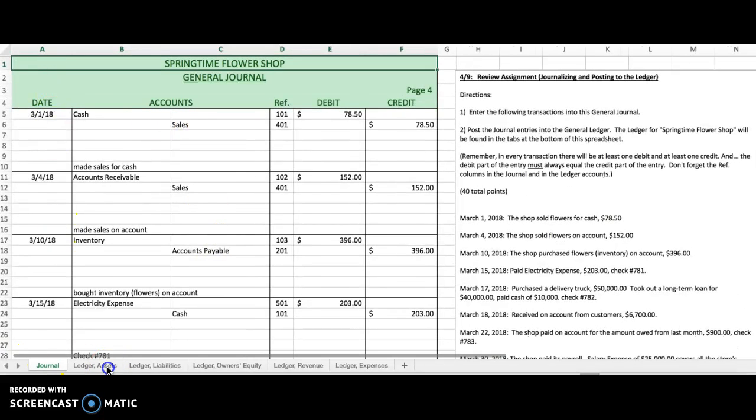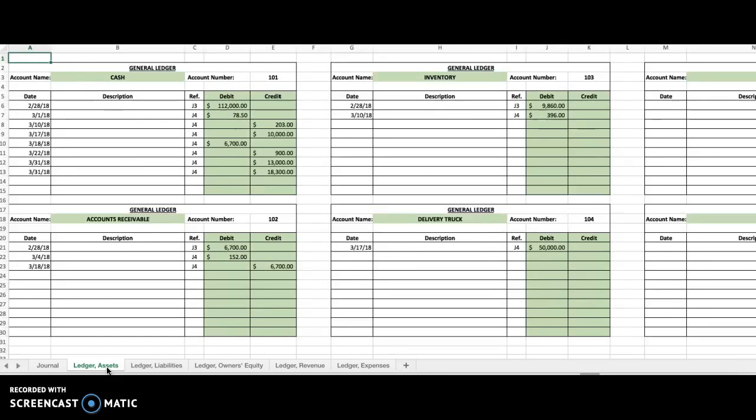Again, as a review, let's go back to the ledger tabs at the bottom and look at cash. If you did this problem correctly, you should have a lot of entries in the cash account. The debit side would indicate all of the increases. The credit side would indicate all of the decreases.